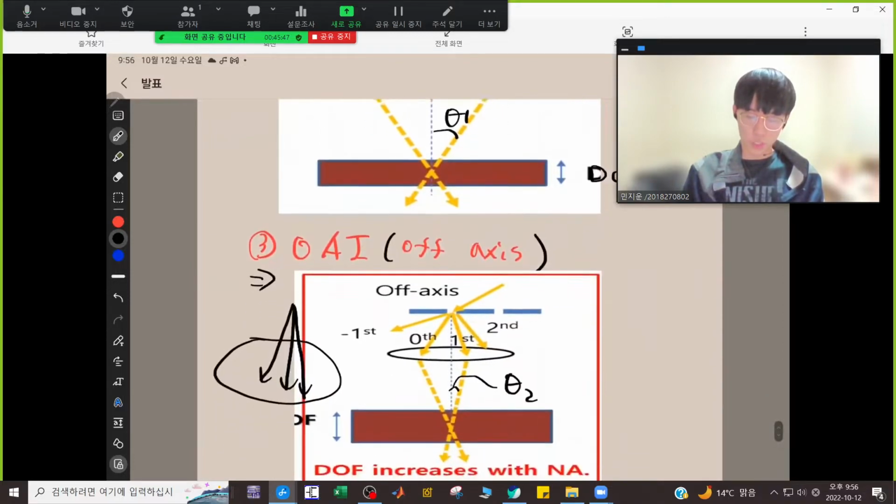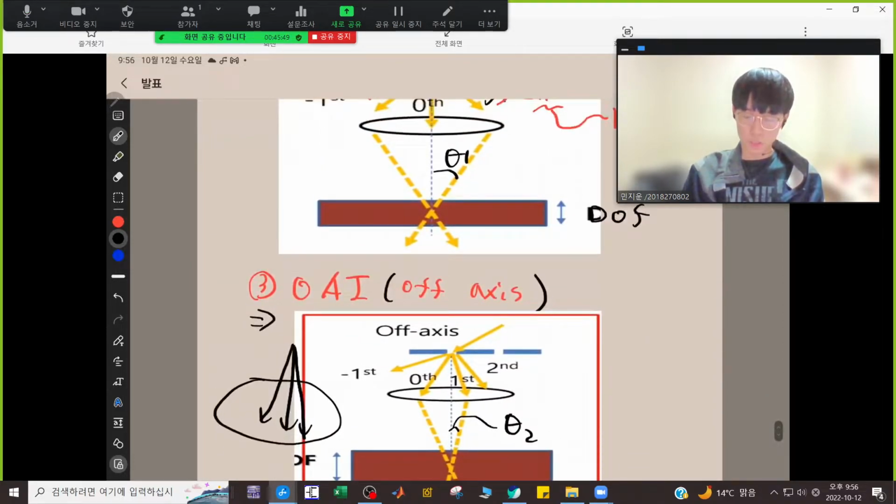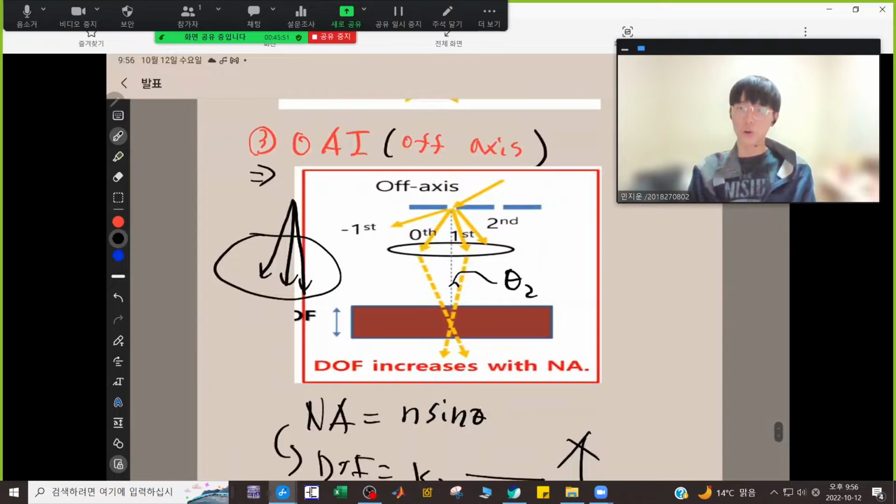So we solve this problem by using off-axis illumination. If you see this picture, we tilt the axis like this.